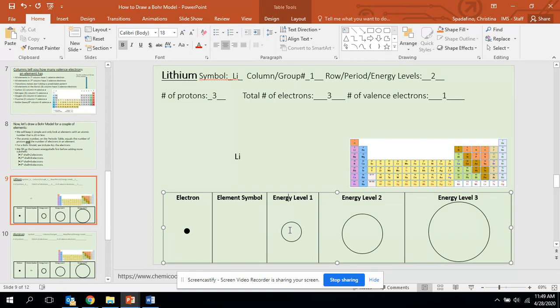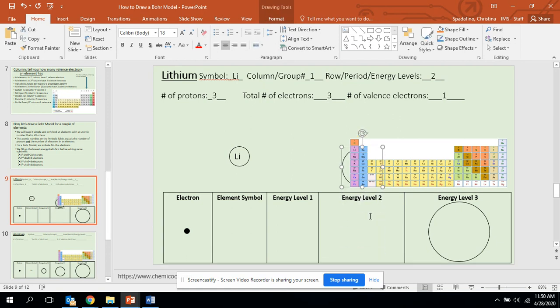Then I'm going to need 2 shells. So I'm going to take the first shell, and I need the second shell. So I have 2 shells. Fabulous. 2 energy levels, 2 shells.